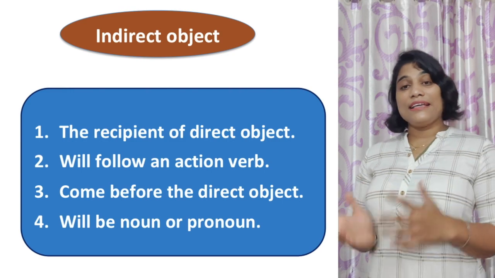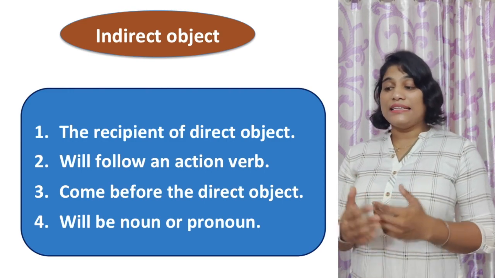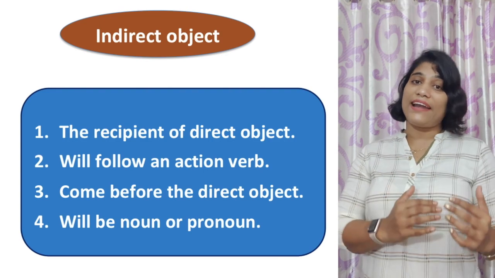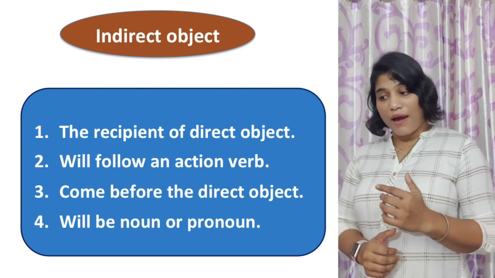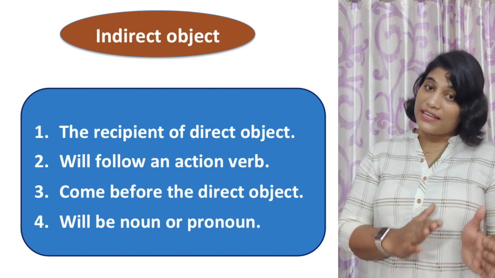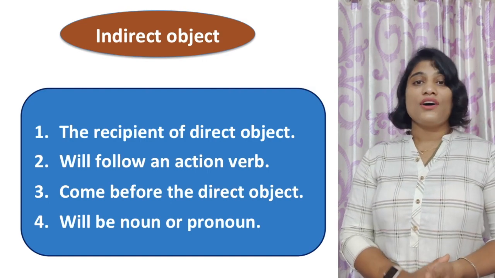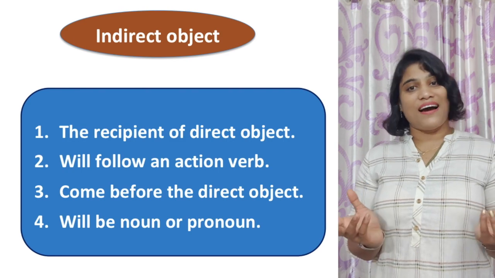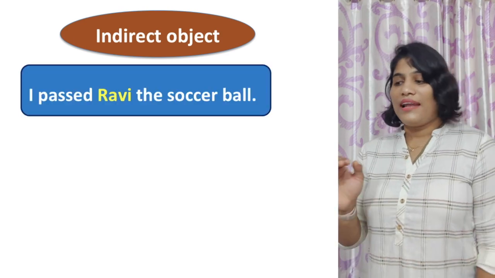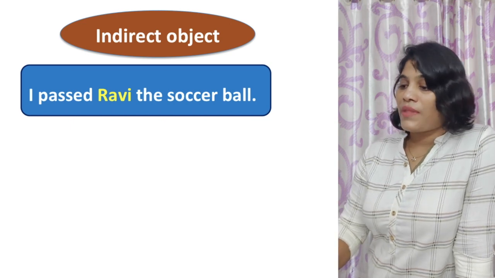Now, what is then an indirect object? An indirect object is the recipient of the direct object. It will follow an action verb, come before the direct object, and of course will be a noun or pronoun. Now, let's see more examples.